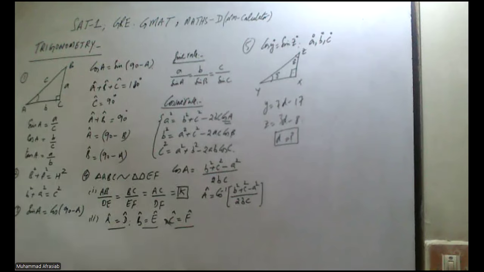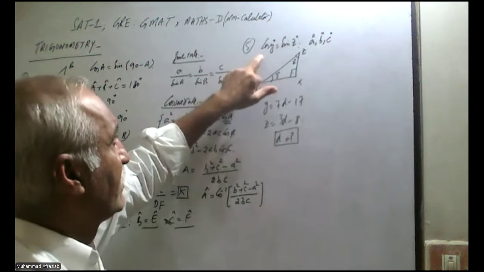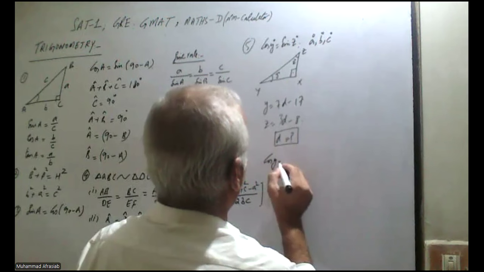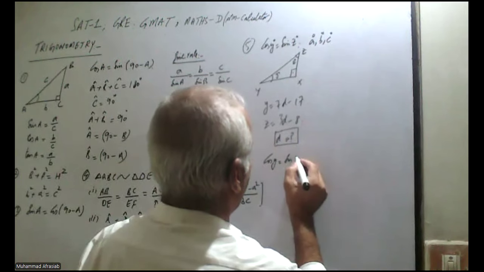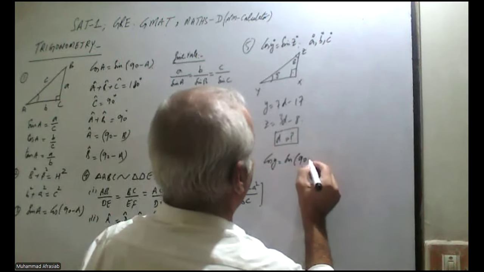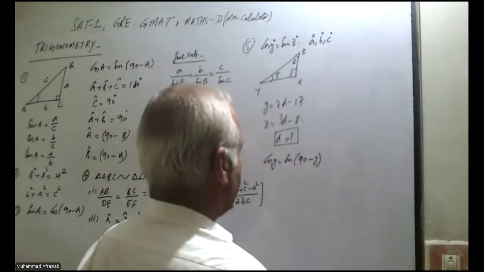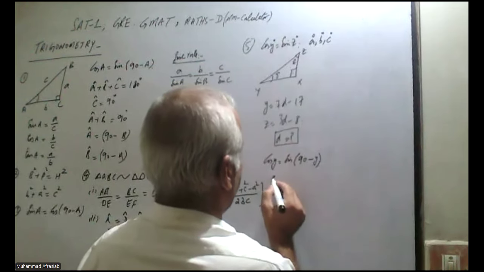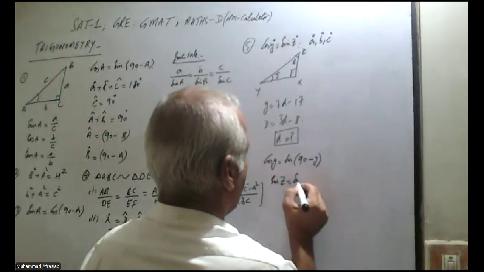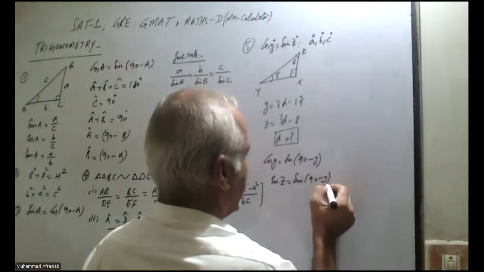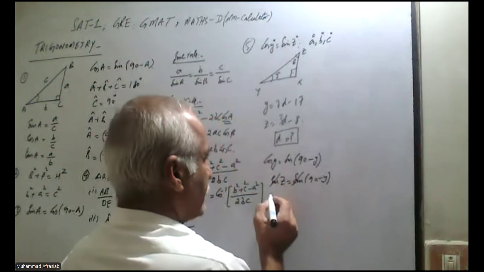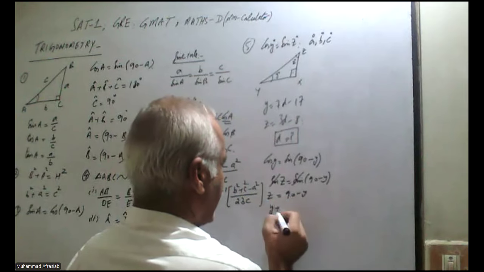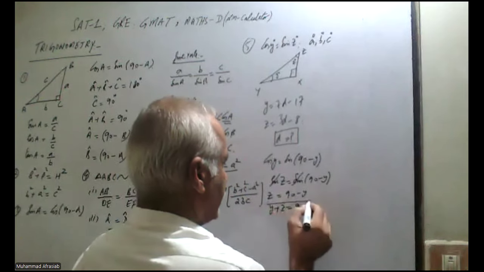So we can write cos of y is equal to sine of 90 minus y. So cos of y is basically equal to sine of z. So that thing is equal to sine of 90 minus y, taking sine inverse on both sides. So z is equal to 90 minus y, or y plus z is equal to 90.